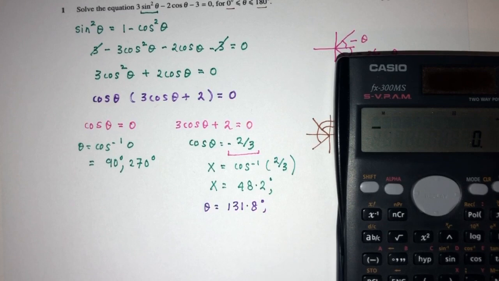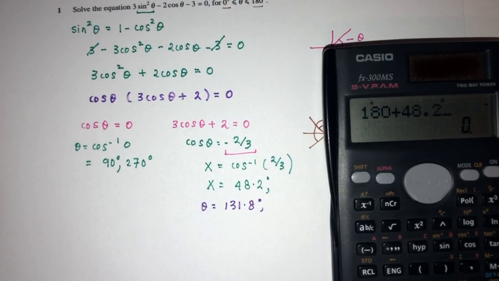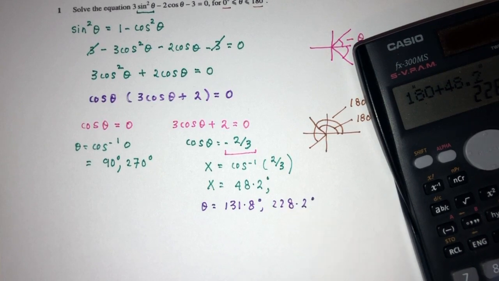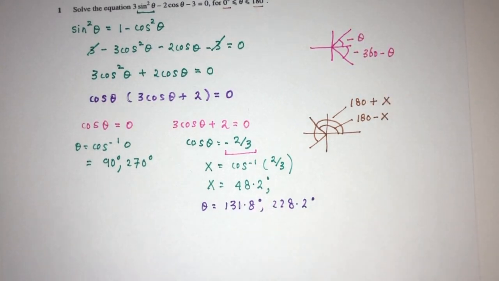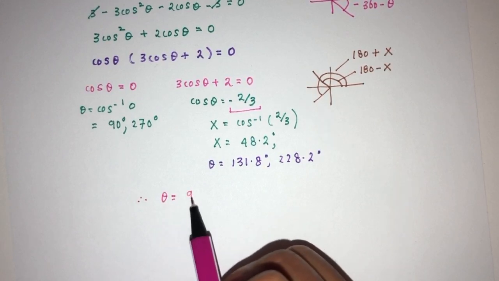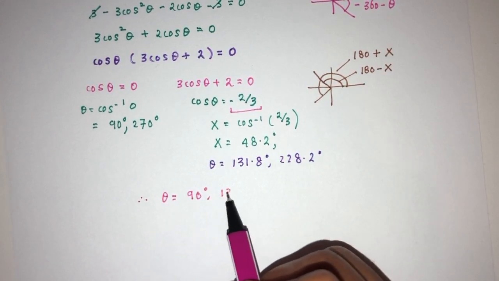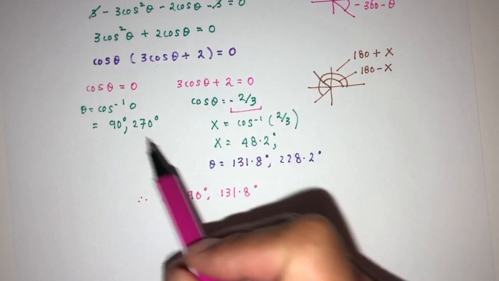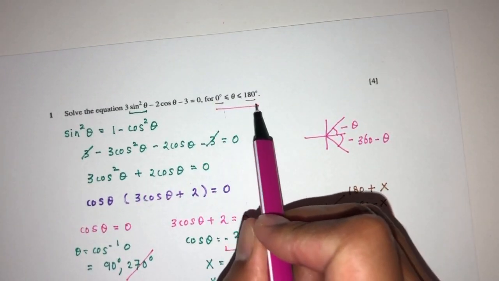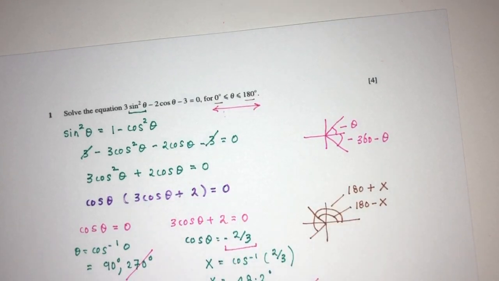And it can be 180 plus 48.2, that should be 228.2. Okay, now from this we can conclude that theta will be the value of 90 and 131.8 degrees, because the rest will be outside of the domain that we are allowed to find the value of theta.